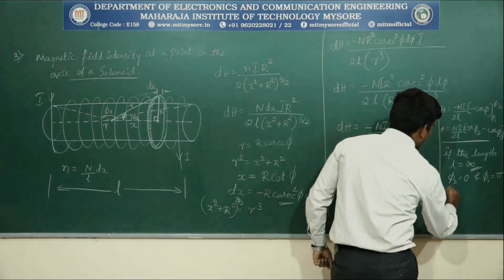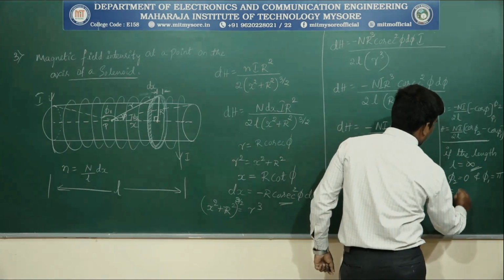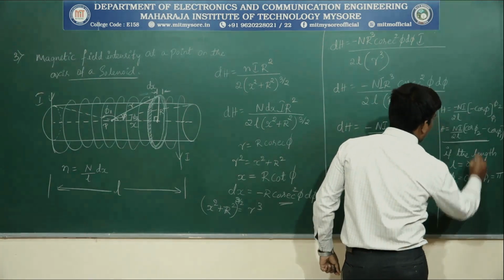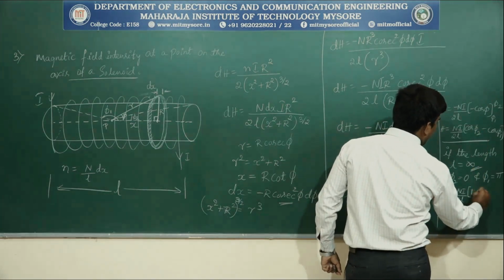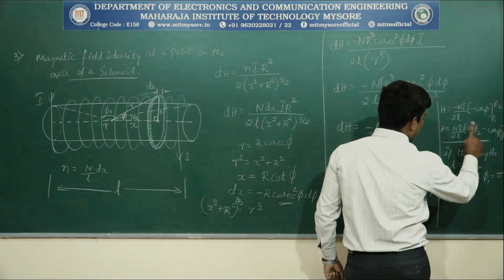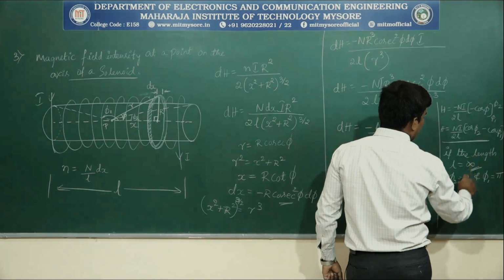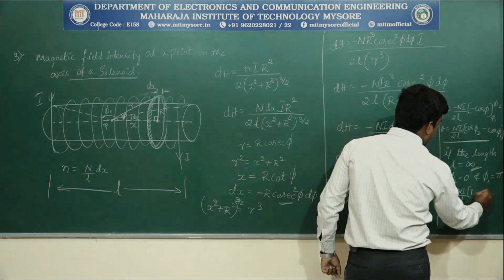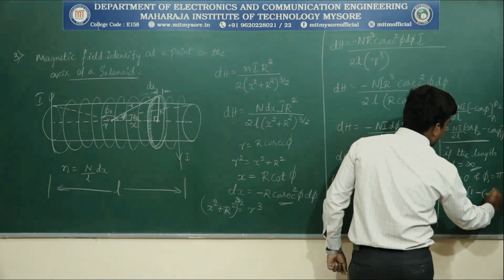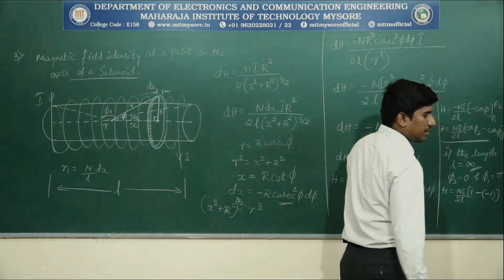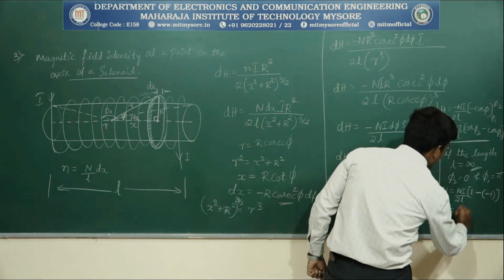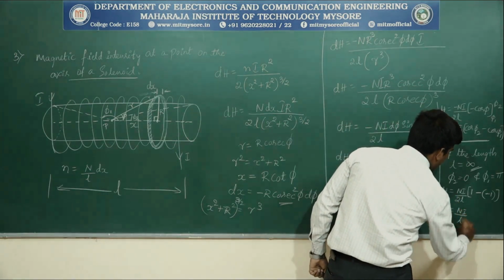Then the above equation can be written as H is equal to n into I divided by 2L into cos 0, which is 1, right? Cos 0, phi 2 becomes 0, means cos 0 is 1, minus of minus, that is minus 1. What are we going to get? H is equal to n into I divided by L.